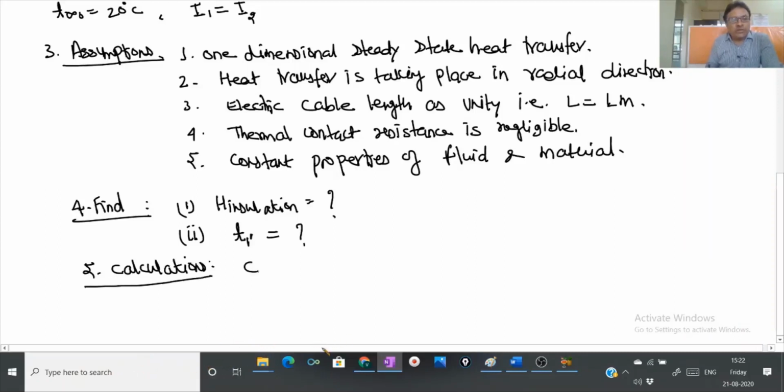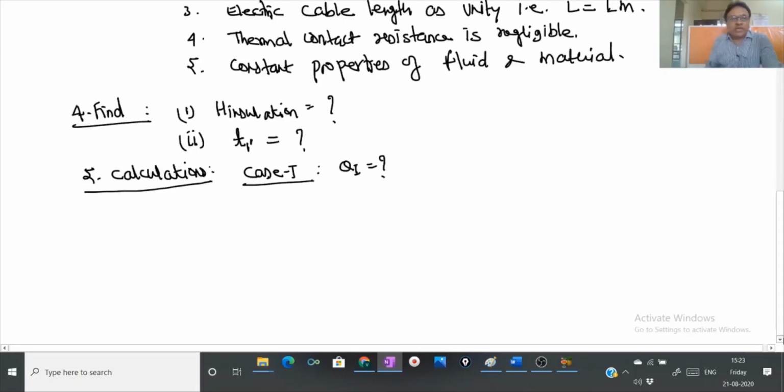So let us first find out the rate of heat transfer for case 1. That is for bare electrical cable.